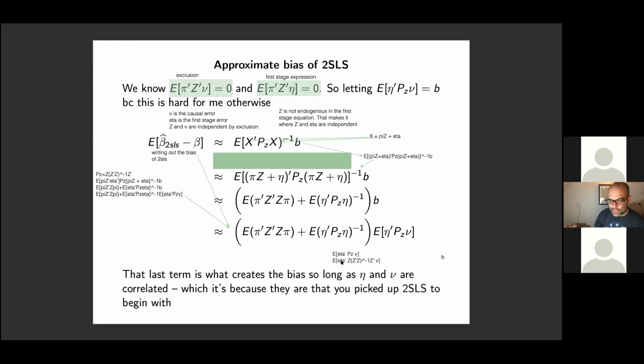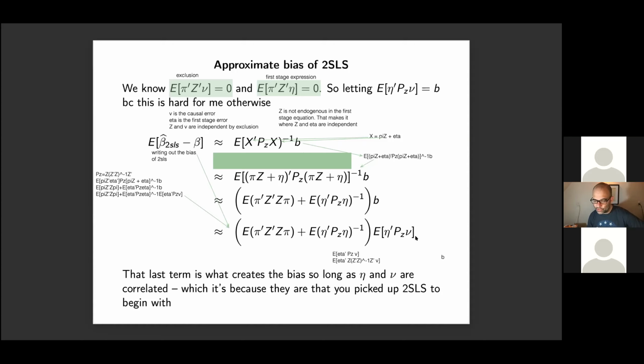This is the first stage error, and this is this error. So we've got here this eta and V. So long as eta and V are correlated, this does not go to 0.